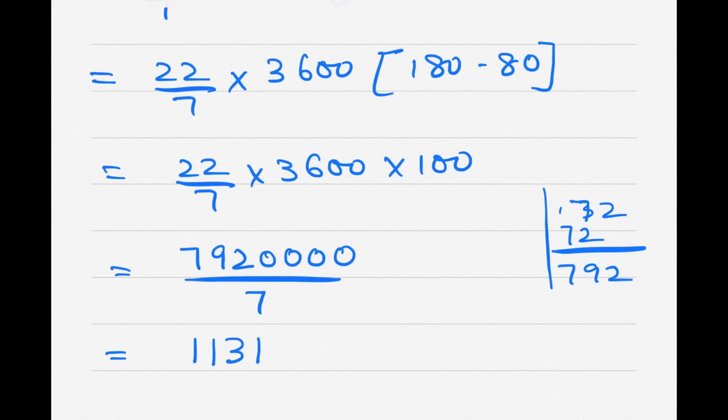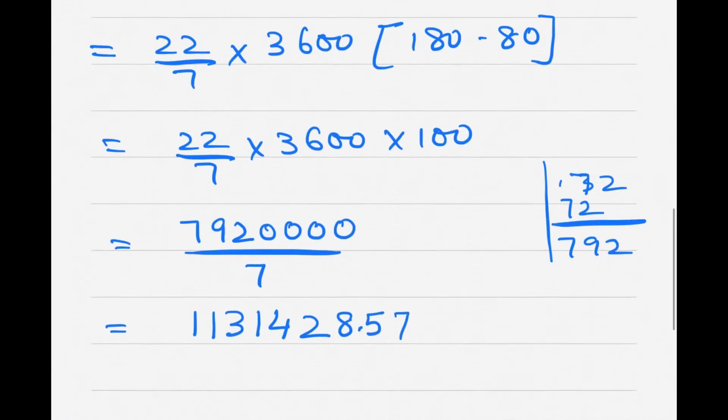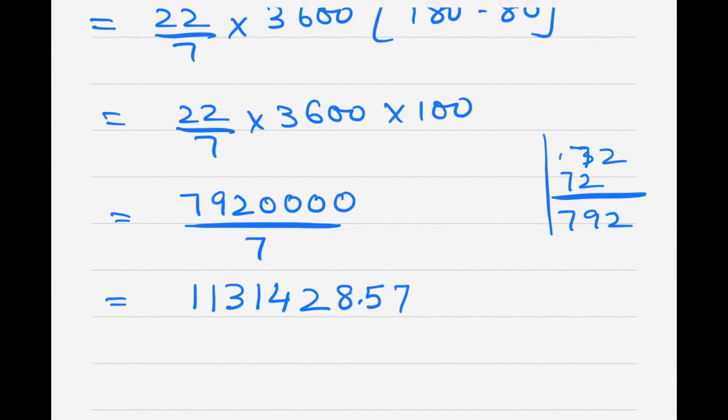Then 30, so 7 4 times, and then 20, so 2 times, and then 60, so 7 8 times, right? 8 times 56, and then 40 again, so 5 and 7, it will just go like that. So 1 1 3 1 4 2 8.57.